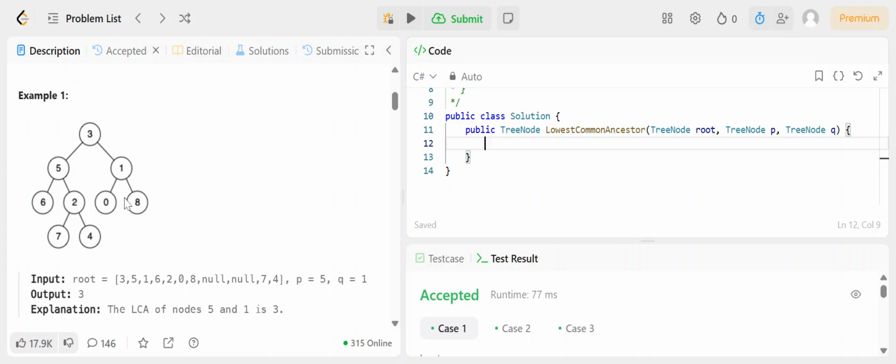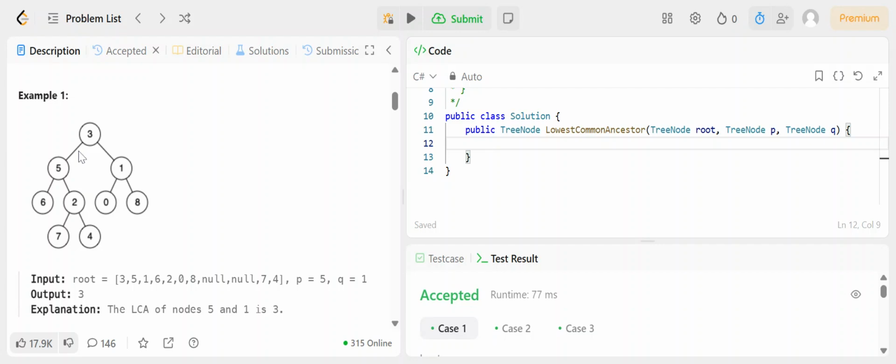If I find the Q in this particular part, then I can say 3 is the lowest common ancestor. Let's assume that we didn't find Q in this particular part. Then we can move to the right part and check further.